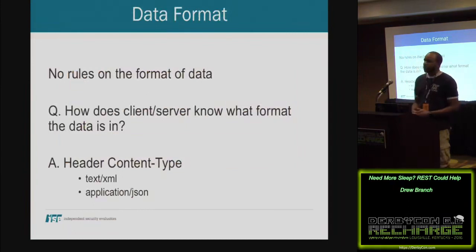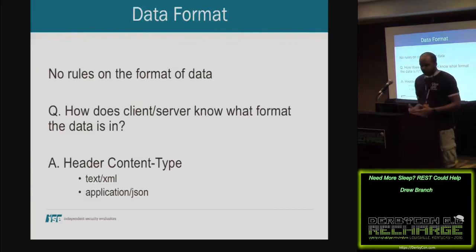So what's the data format of a RESTful API? There isn't one. A RESTful API can deliver XML, plain text, or JSON, whatever you want. So the next question is, how does the client or server know the format of the data? And that is the Content-Type header.